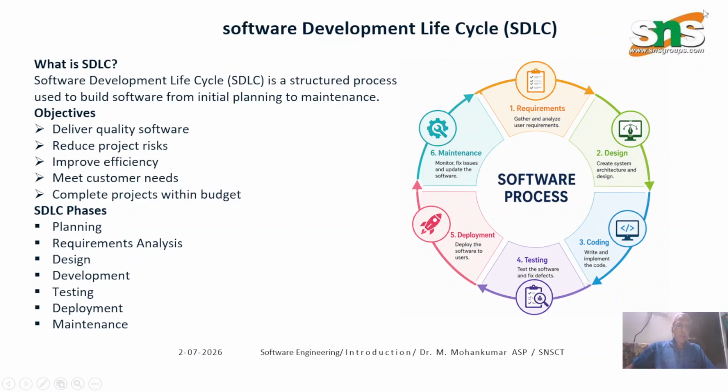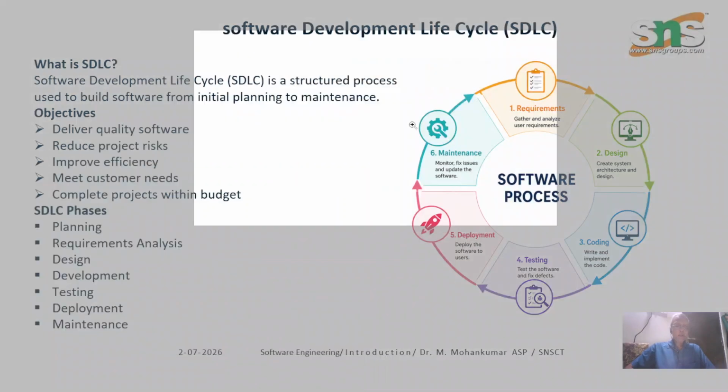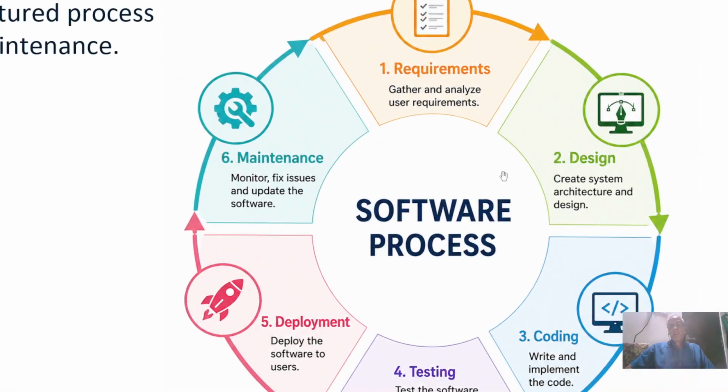Here you have to understand. The first phase is the requirement, which is nothing but gathering information from the customer or user side and analyzing the user requirement. The second phase is the design phase. If you are a software developer, you have to show the design of the requirements you collected from your customer.